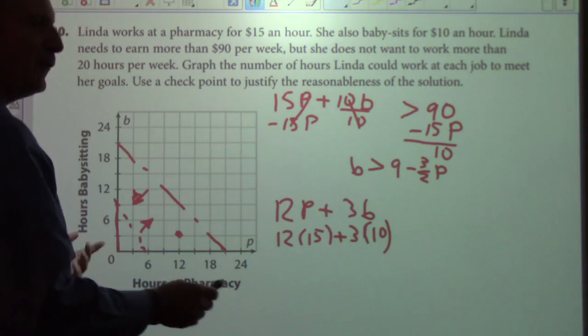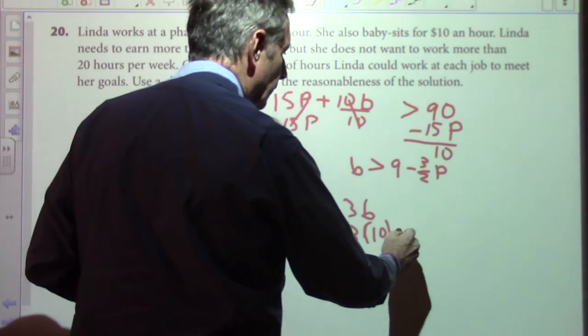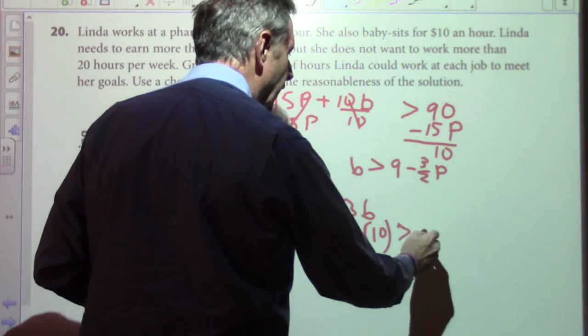I don't know what 12 times 15 is, plus 3 times 10. Trust me, I'm trying to get out of here. It's going to have to be greater than 90, I'm sure.